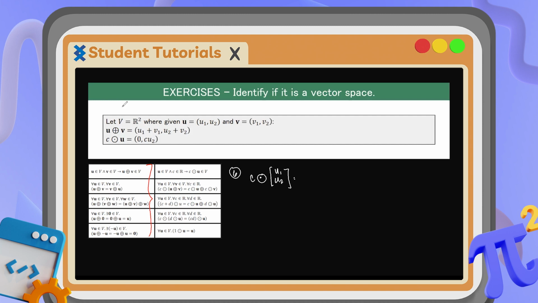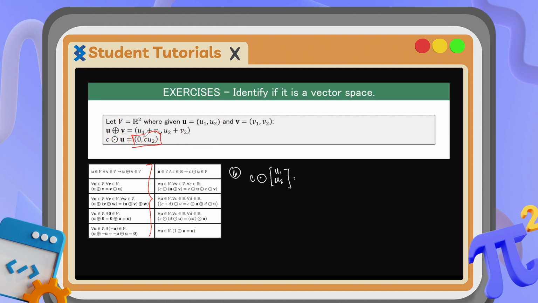So following the rule of scalar multiplication, we need to strictly follow this rule, wherein the first element has to be 0, and the second element is the scalar c multiplied to the second element of the vector u.